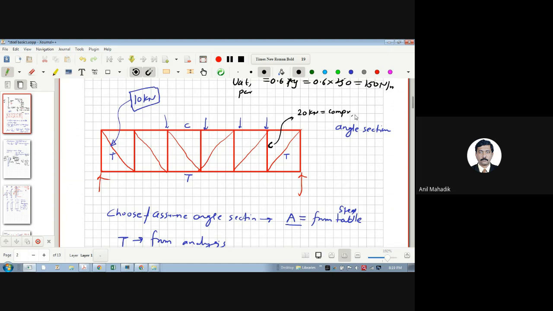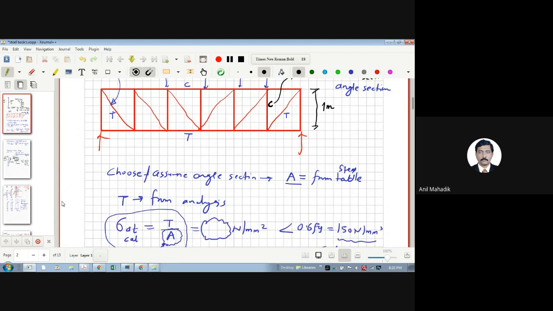And I'm asking you, please use tube section now, and design this for this 20 kilonewton force. Let's say the height of this vertical member is 1 meter. Compression is 20 kilonewton, and use tube section, square tube.